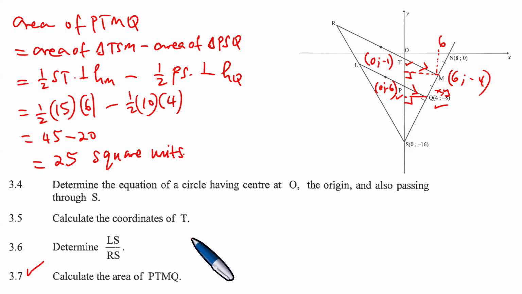25 square units. Right, so we have to find the area of PTMQ. So we can come here and therefore say, therefore the area, you can write also like this. Doesn't matter, you don't need to write capitals.